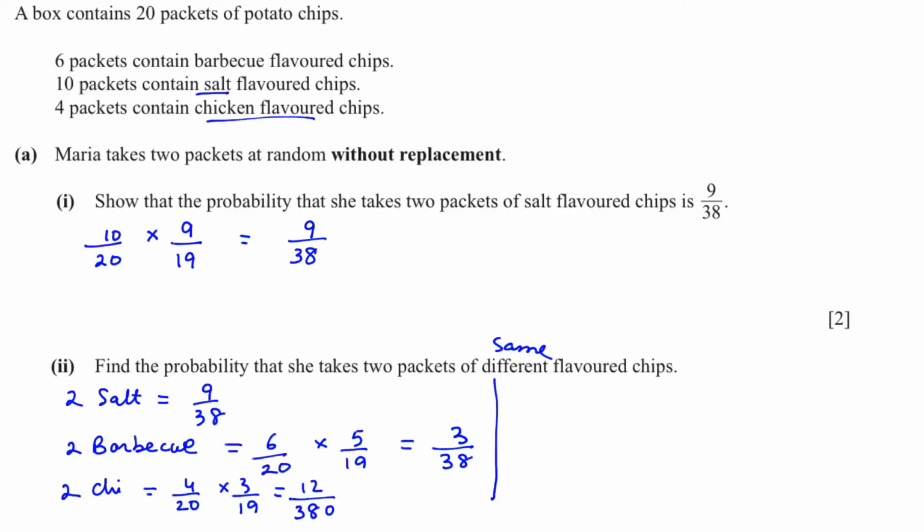You have found the probability of the same flavored chips. The probability of the flavored chips being different will be 1 minus all the probabilities that we found now. That gives 62/95.